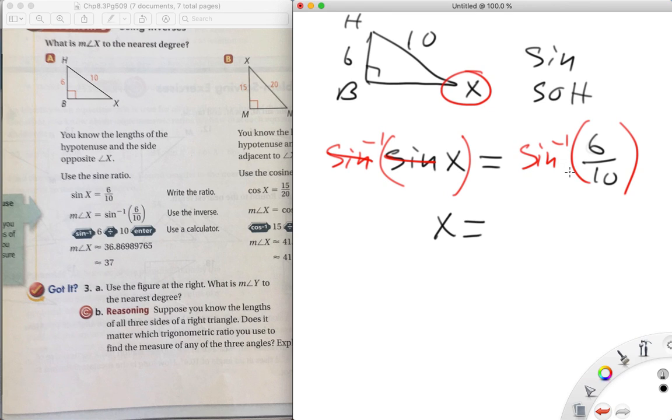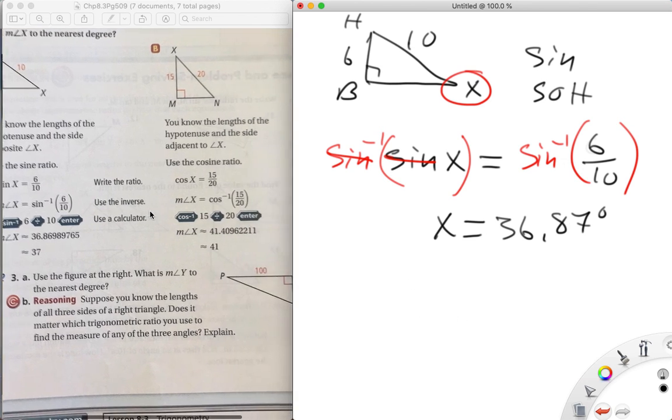So you would hit second on your calculator, and then sine, which is your inverse sine, and you put in the ratio, 6 divided by 10, in parentheses, and I get 36.87 degrees. They got that longer number. Beautiful.